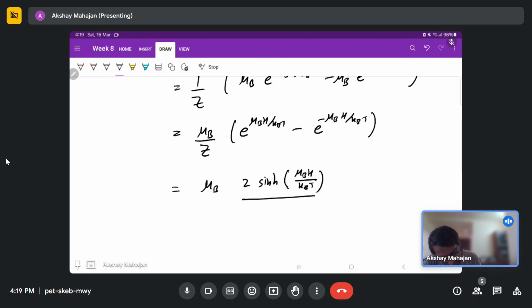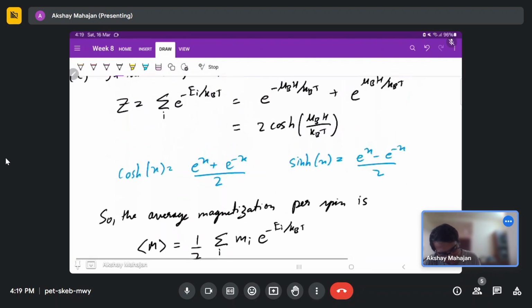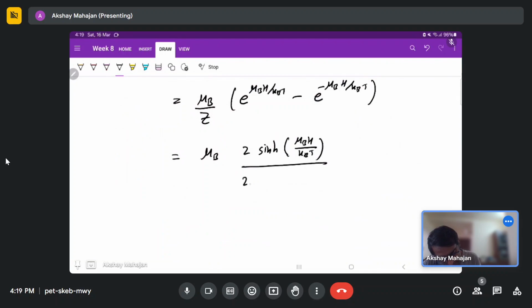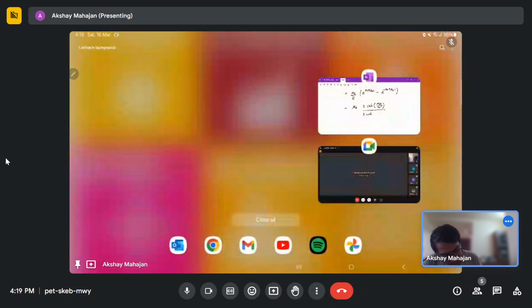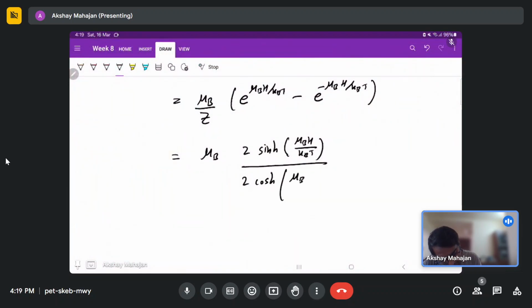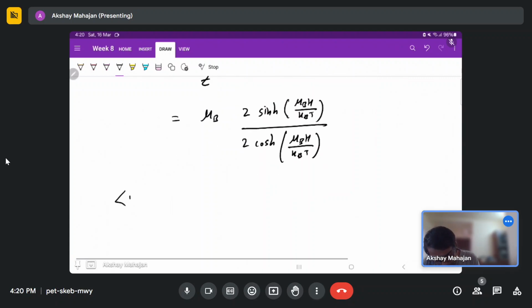And the partition function we have already found is 2 times cos hyperbolic mu B H by kBT.